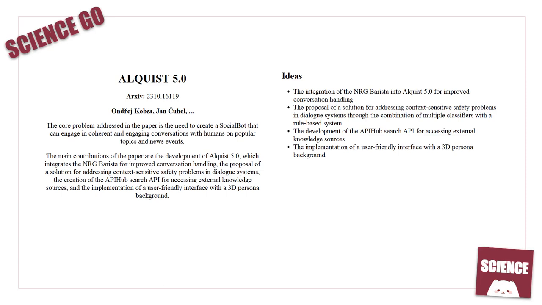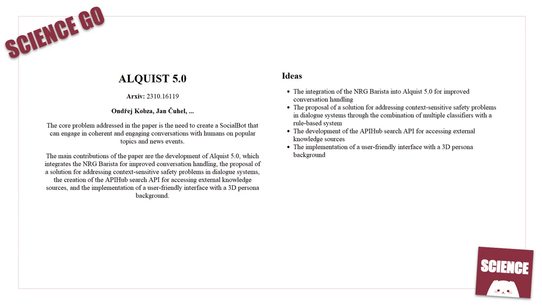The paper, Alquist 5.0, is about creating a social bot that can have meaningful conversations with humans on popular topics and news events. It addresses the problem of making dialogue systems more engaging and coherent. The paper introduces several important contributions. First, it integrates the Energy Barista to improve conversation handling.